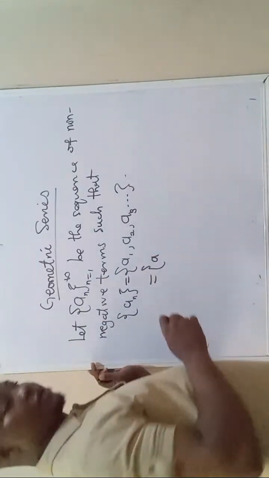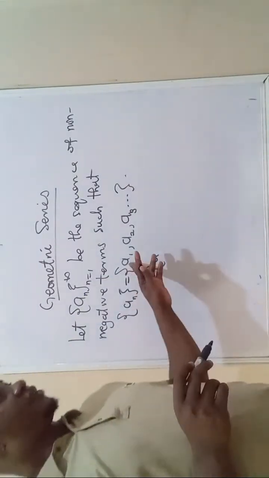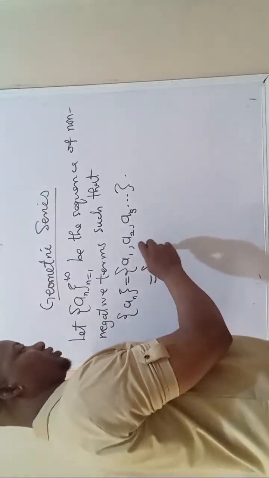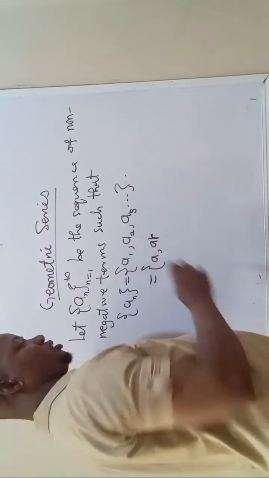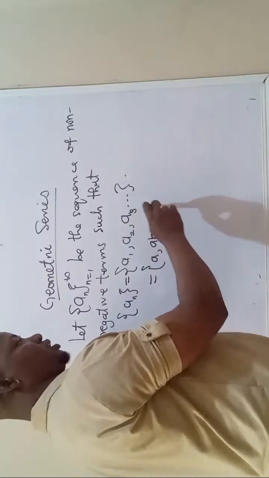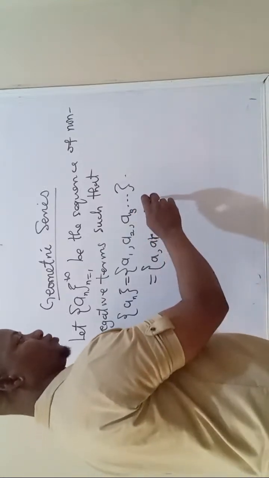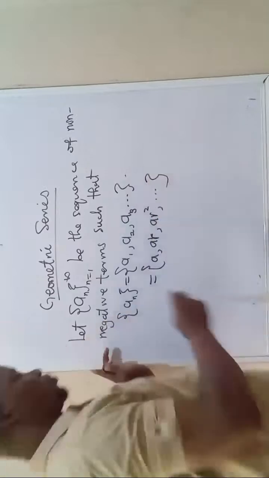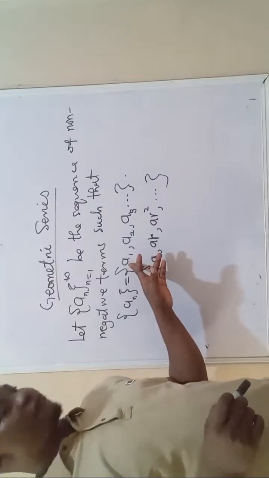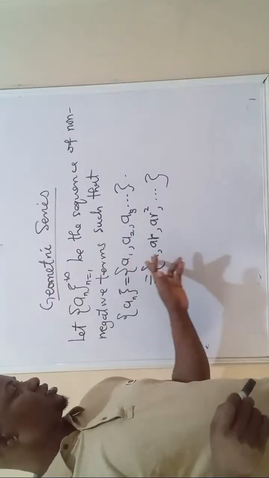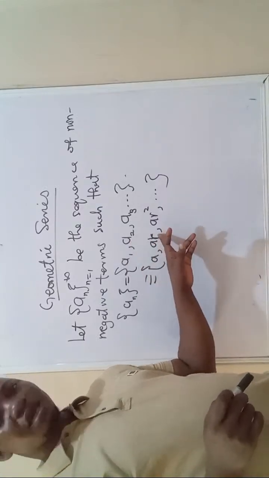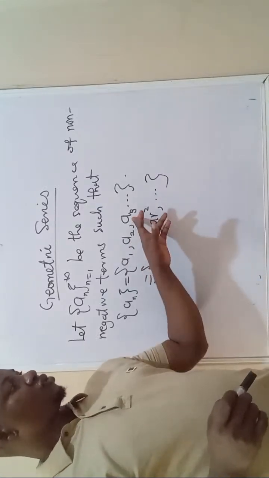You are letting the first term to be a, and the second term will be ar, this is ar squared, and this goes on. So by comparison, we see that the first member of this sequence is a, while the second term of the sequence is ar, and the third term.